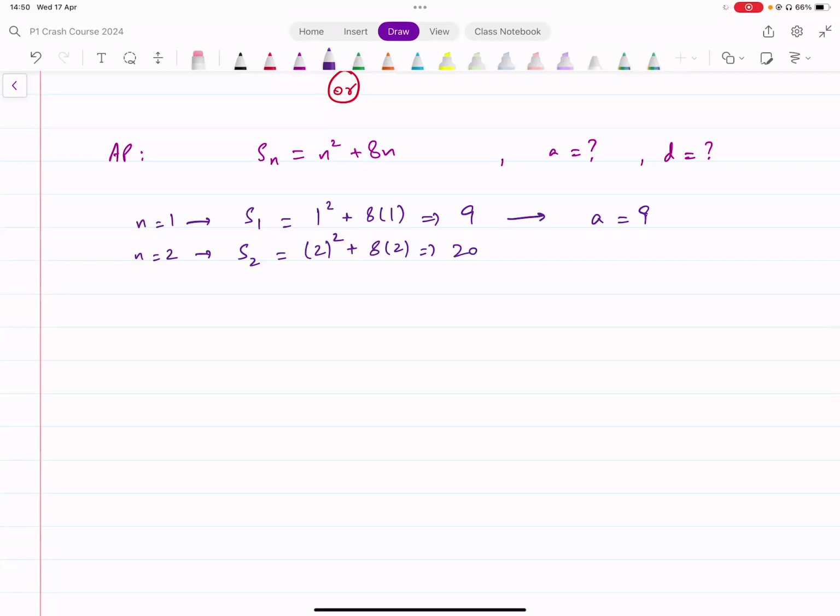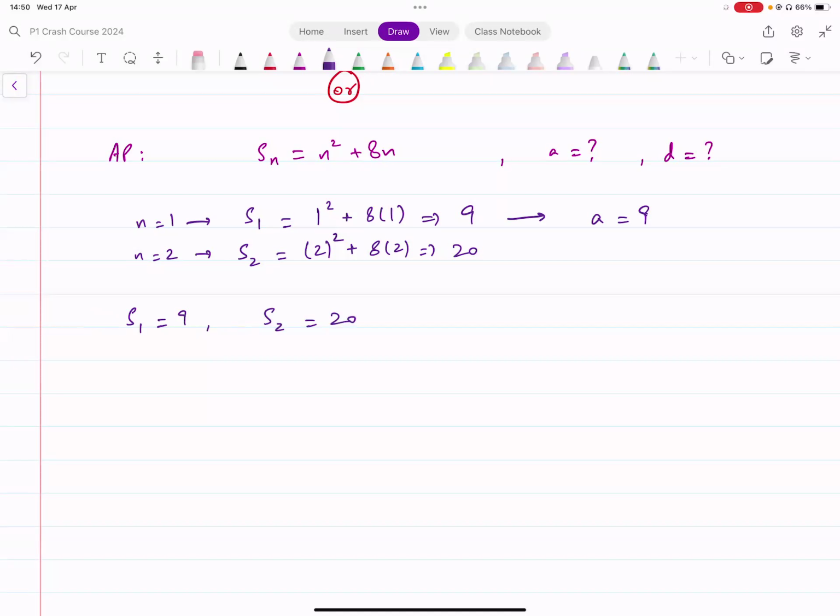This is the second term. So we have an arithmetic progression in which the first term is 9 and the second term is 20, and so on. What's the difference? No, I'm sorry. The second term is not 20. What we know is that the sum of the first term is 9. The sum of the first two terms is 20.